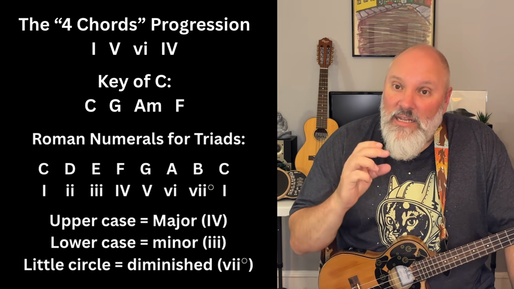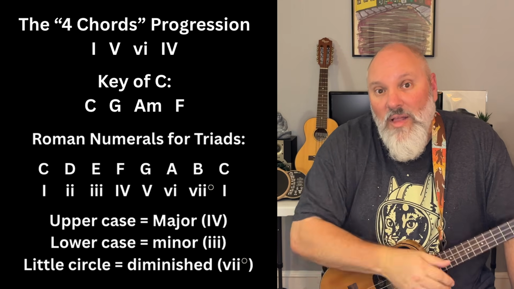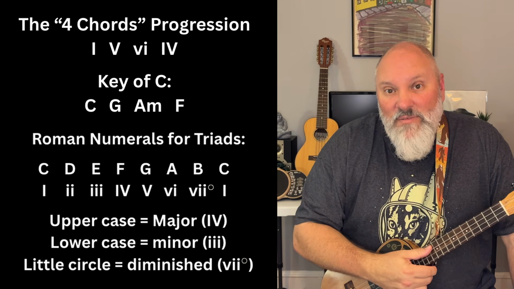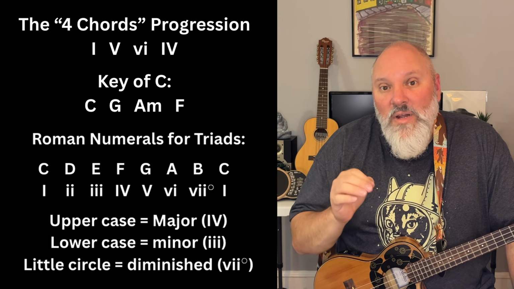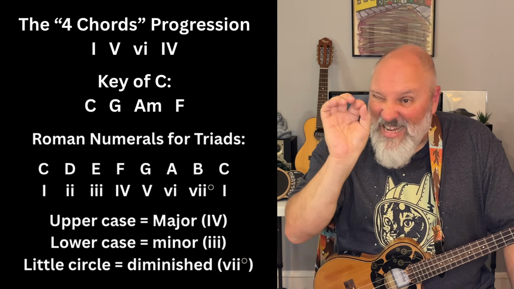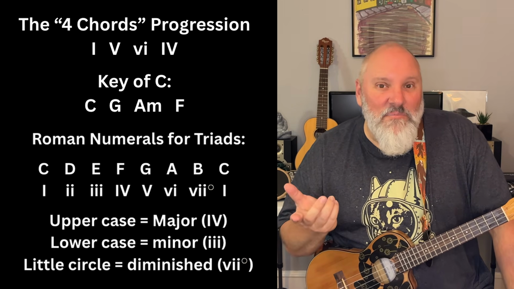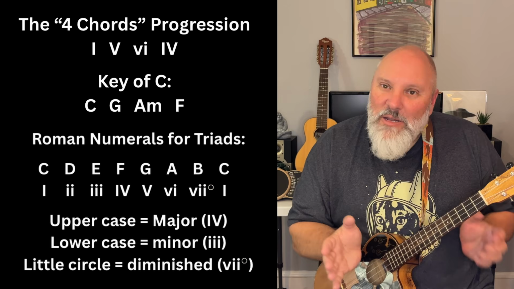It is in lowercase, minor, but look how it has the little circle after the 7. So the 7 chord, it's minor, but it's a diminished chord. That's why you see that little circle there, and then back to 1 would be a C major chord. Why am I talking about all this?